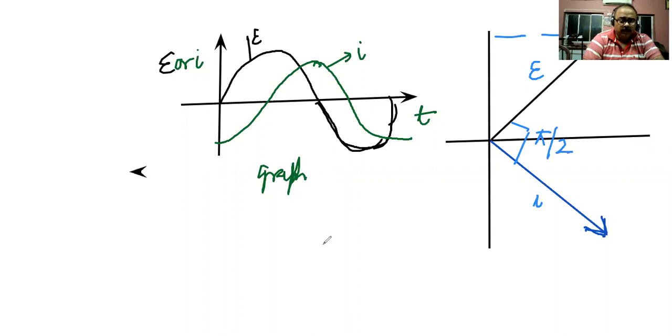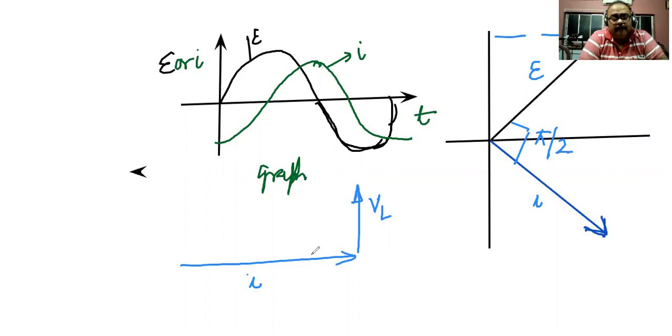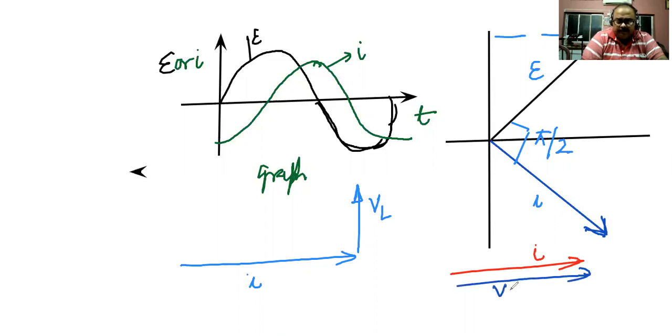So we can see over here that if I take the current along this axis, the potential will be leading the current in the case of a pure inductor by pi by 2. If I draw it once again for a resistor, if this is your current, the potential and the current will be in the same phase.